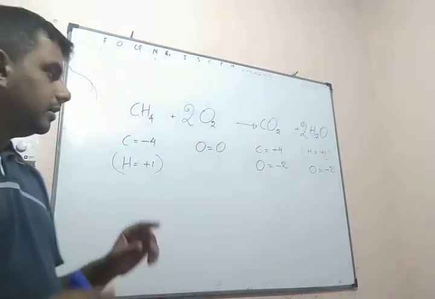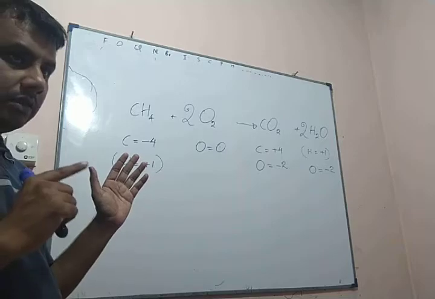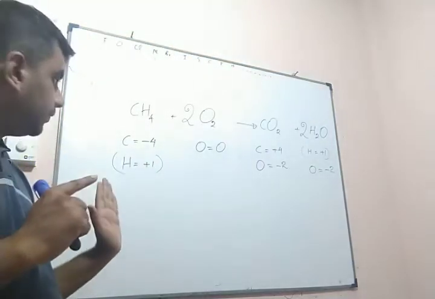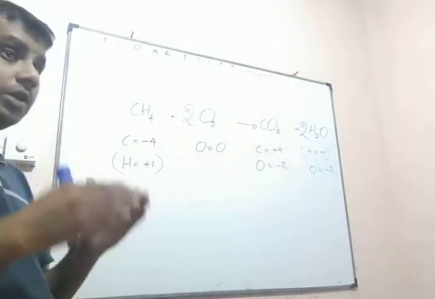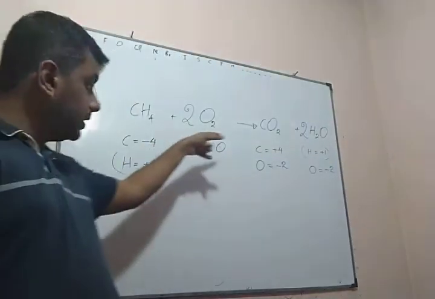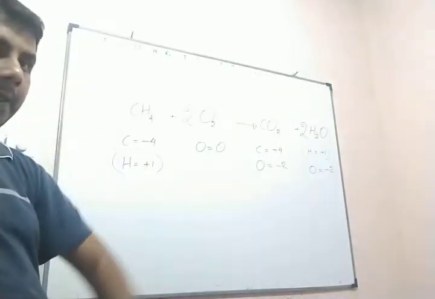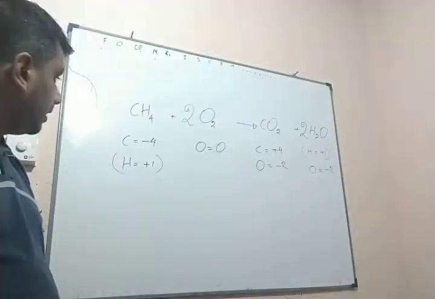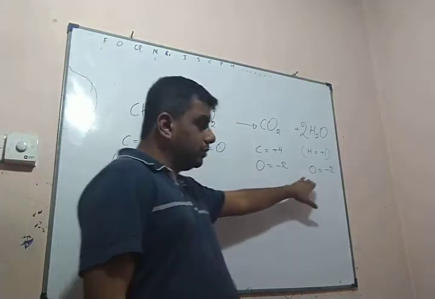So the oxidation state of carbon has changed from minus 4 to plus 4. So carbon has lost 8 electrons. Minus 4 to plus 4, what's the difference? 8. And oxygen, 0 to minus 2.